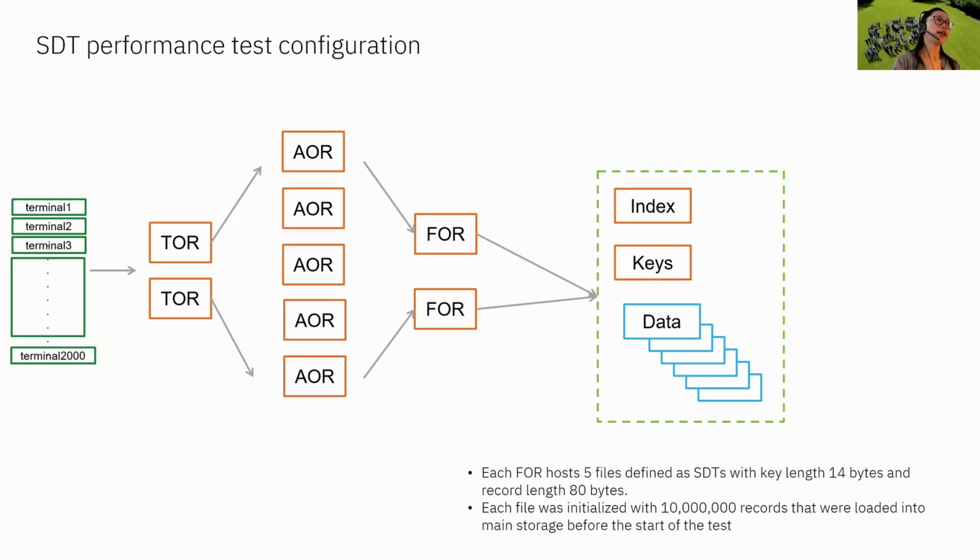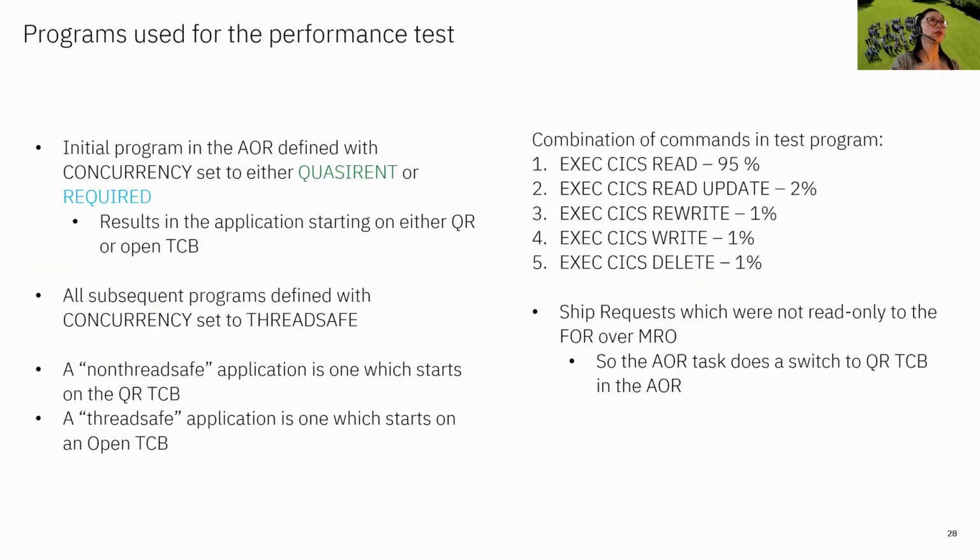So we're trying to highlight the performance because of the CICS code change. So here we have 2 TORs talking to 5 AORs, which will route the request to 2 FORs. And then we list the exact details of how the performance test was done, so you can refer to it later.